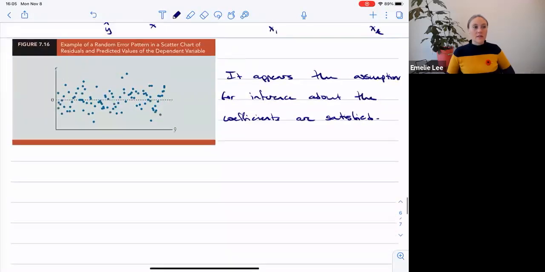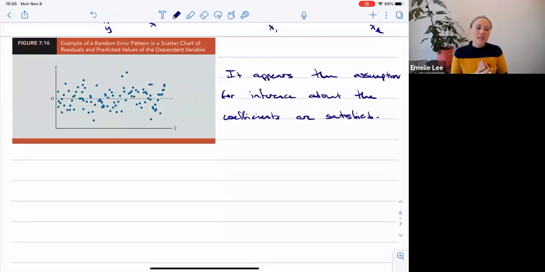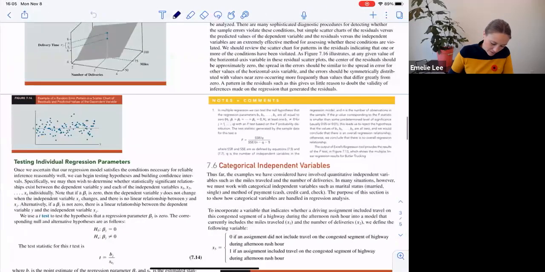So once you've checked that, then we can go ahead and look at those t statistics, or just any inference in general.